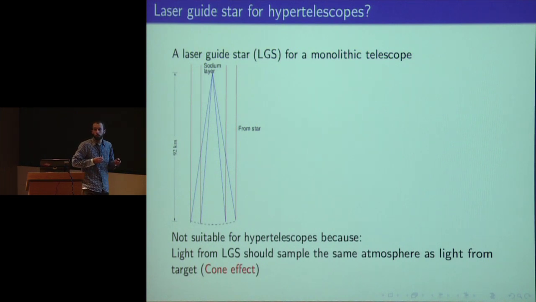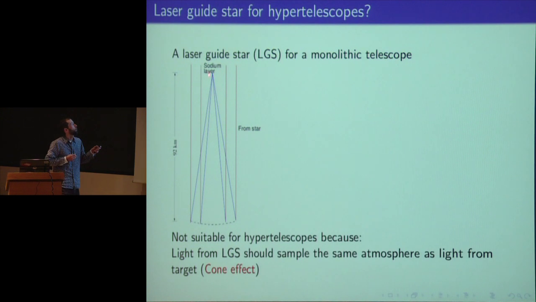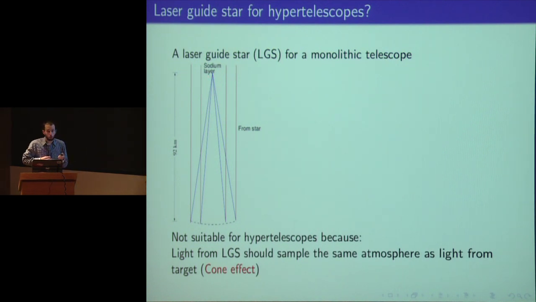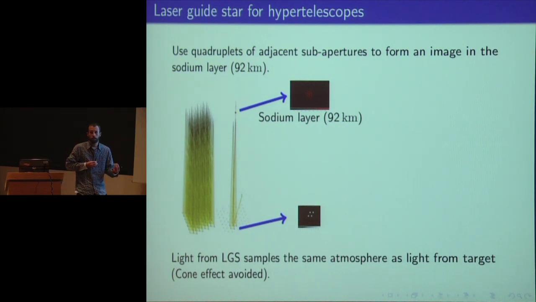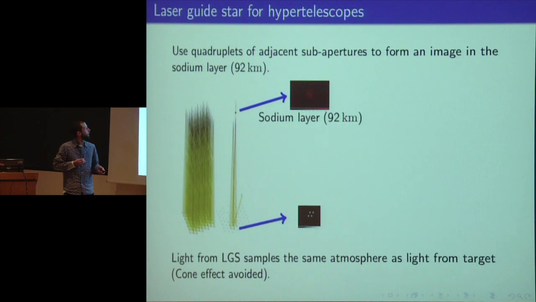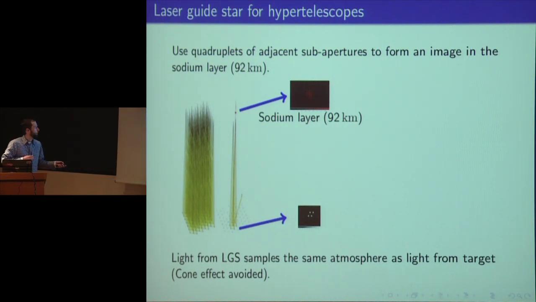So any correction that you apply coming from the sodium layer will not work. A solution to avoid this cone effect is to have several laser guide stars coming from adjacent sets of subapertures. And here I show a diagram.